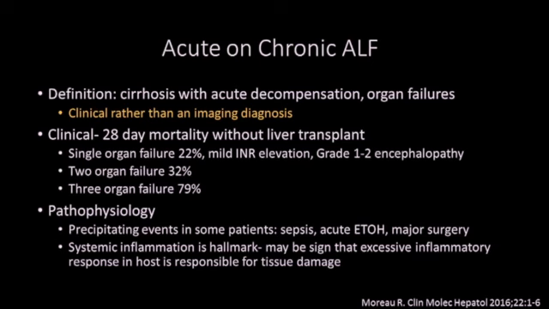They often have a high mortality if they do not receive a liver transplant, and they are put fairly high on the transplant list, though not quite as high as the patients who present with fulminant liver failure without underlying cirrhosis. Generally speaking, there's some precipitating event, such as sepsis or surgery, that puts these patients into fulminant liver failure.